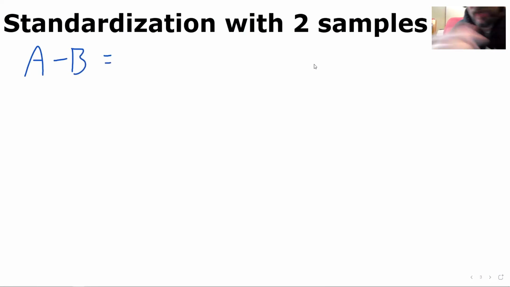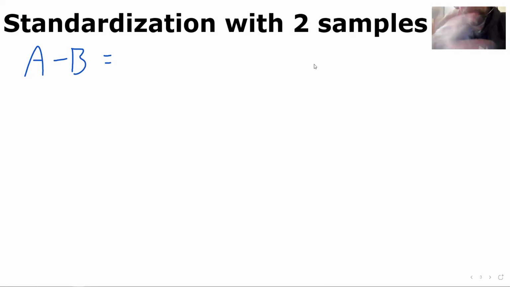Standardization with 2 samples. So what we learned when we were combining normal distributions was that if we wanted to find A minus B, and again, A and B are normal distributions here.